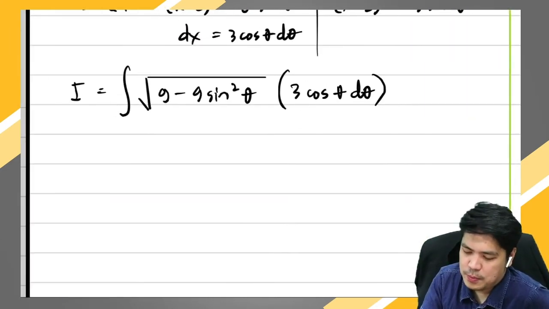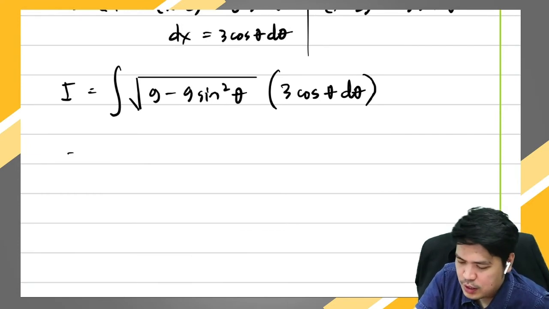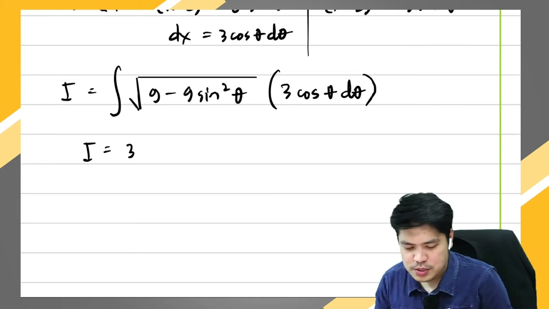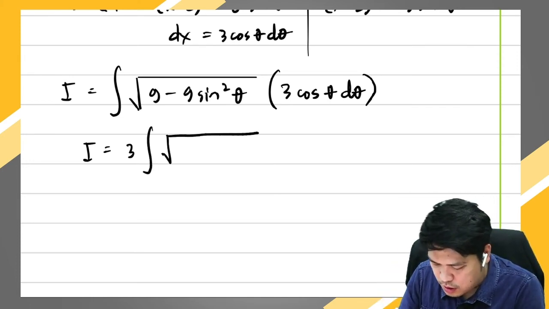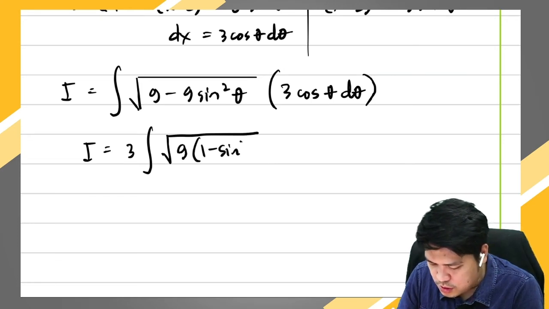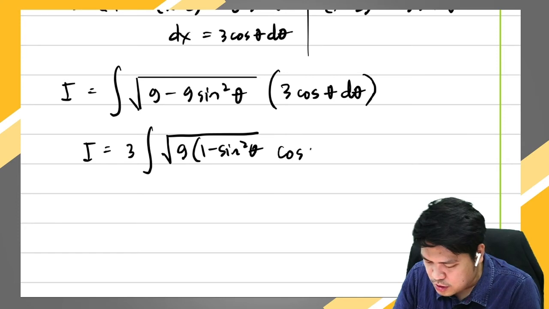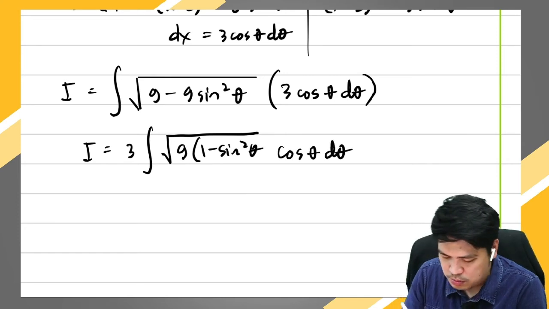Then simplify. So we'll have I equal to, ilabas na lang natin yung 3, times the integral of, if we factor out 9, we'll have 1 minus sine squared theta, then cosine theta d theta na lang magtitira dyan.